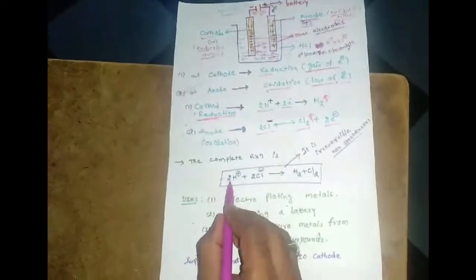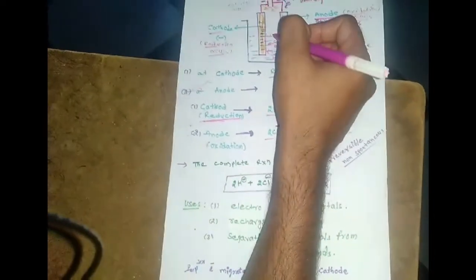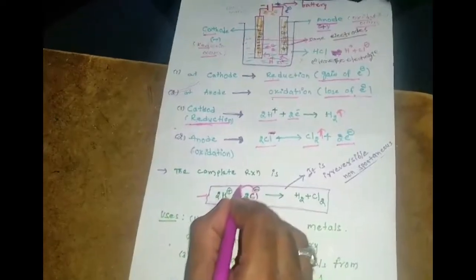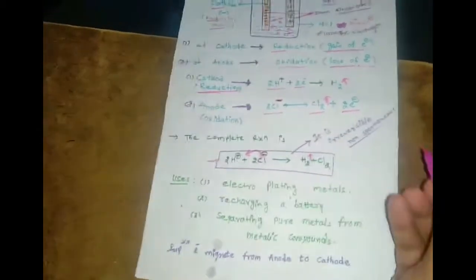Next, the net reaction, meaning the total, complete reaction. Here I have taken 2 H plus ions plus 2 chloride ions. When the electrolytic solution of HCl divides into H plus ions and Cl minus ions, the 2 H plus ions take 2 electrons and form H2, so H2 gas is liberated.